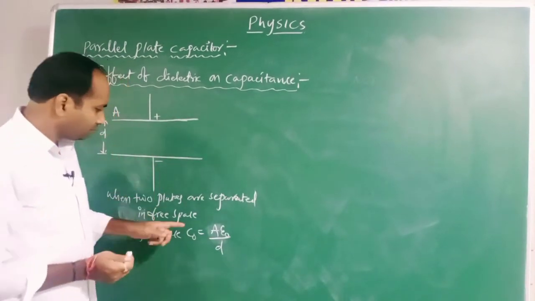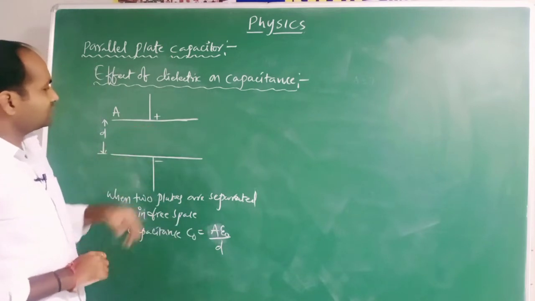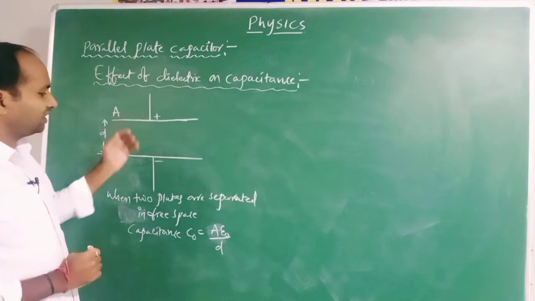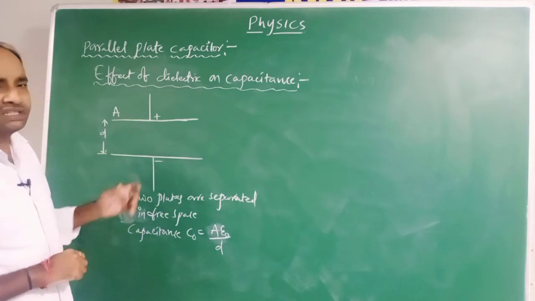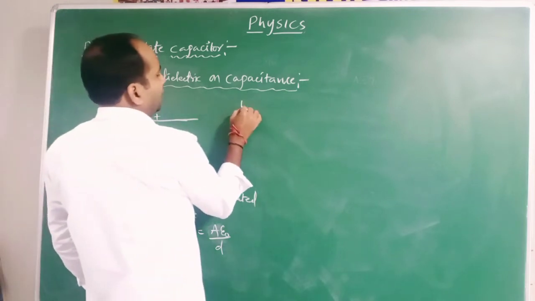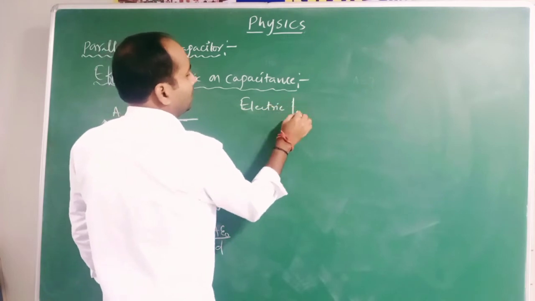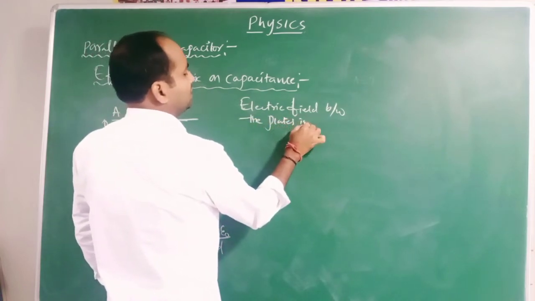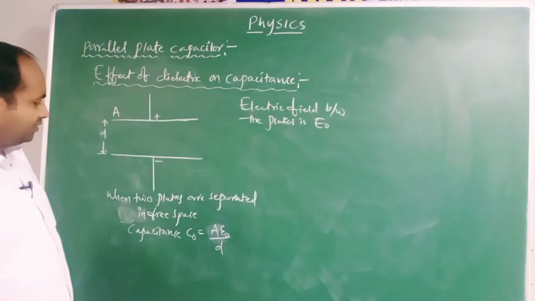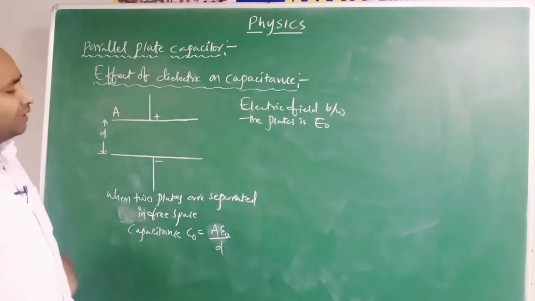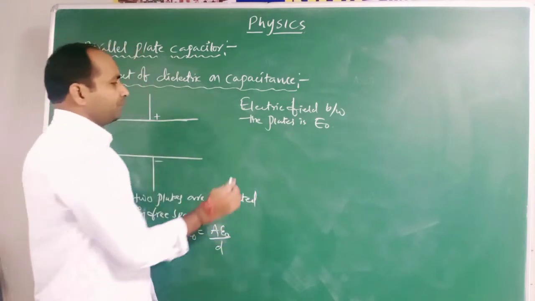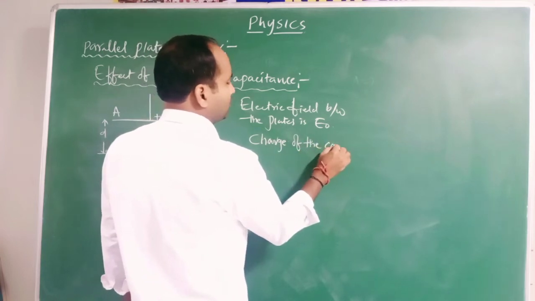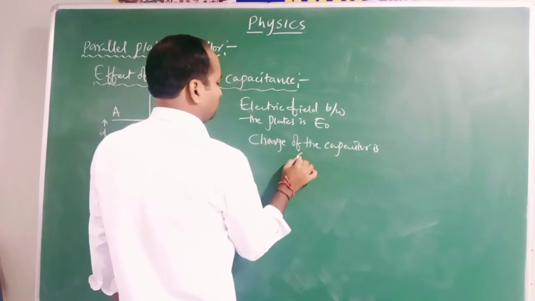Now C0 is the capacitance here. The electric field between the plates of the capacitor is E0, and the charge of the capacitor is Q naught.